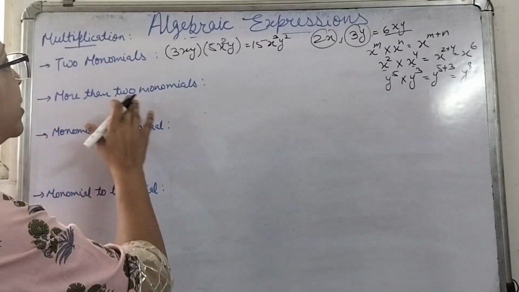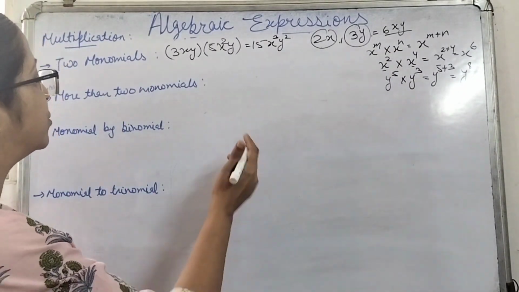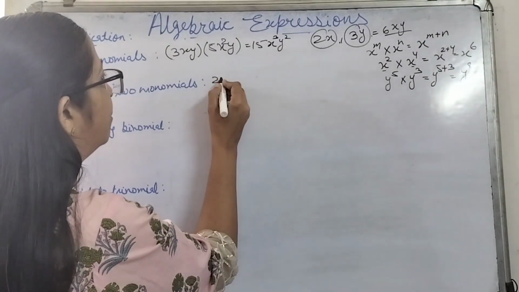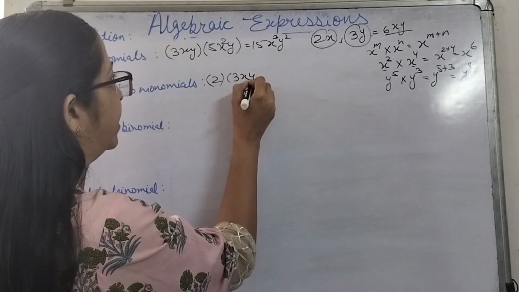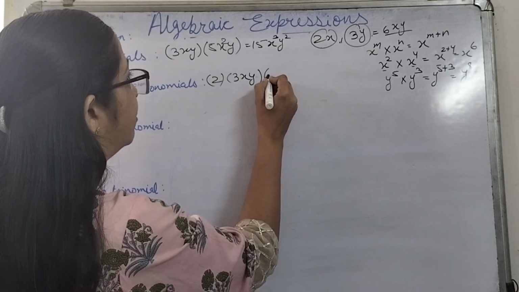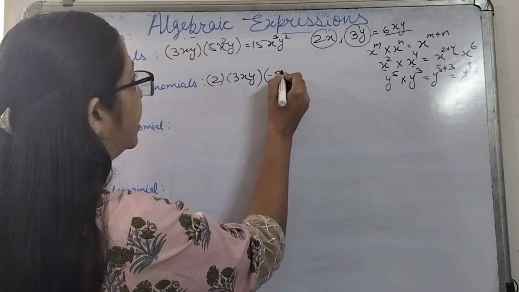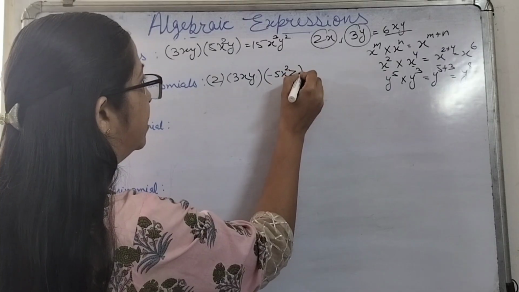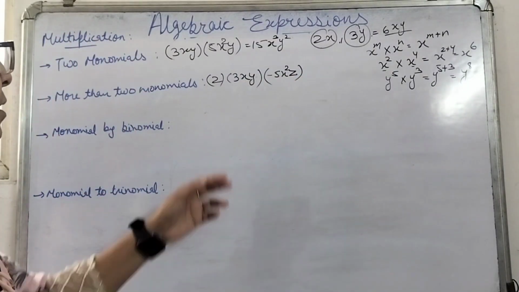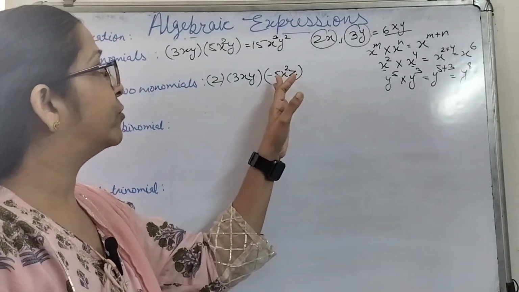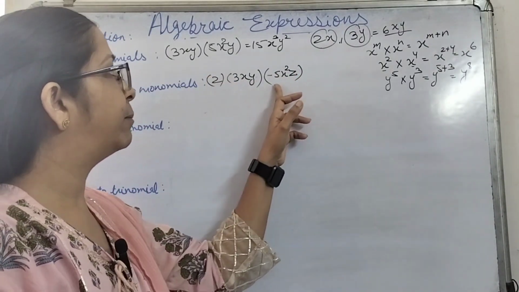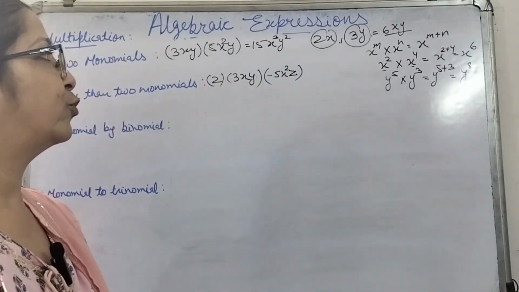Now if there are more than two monomials, suppose I take 2, which is one of the monomials, multiplied by 3xy, multiplied by minus 5x square z. Here three monomials are there: this is one, this is another, and this is the third. First of all, we will multiply the numeral coefficients.